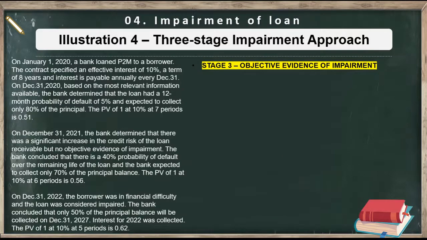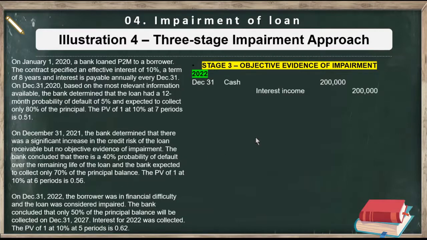There's objective evidence of impairment because here it is stated that there's already financial difficulty. So at this stage, this will cover the debt instruments that have objective evidence of impairment at the reporting date. Under this scenario, we're going to recognize lifetime expected credit losses.